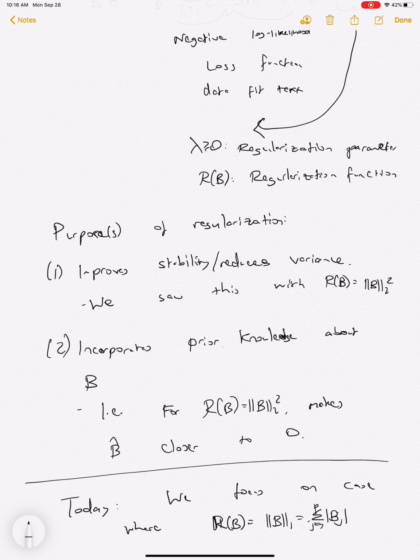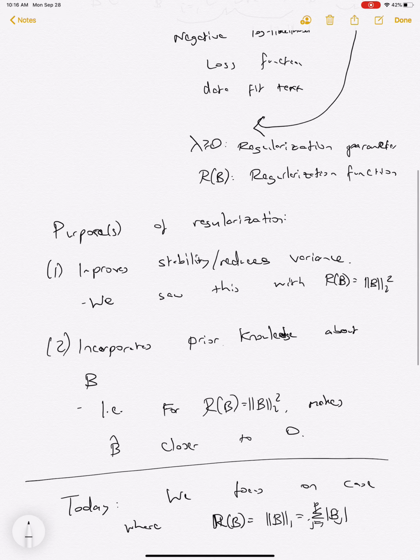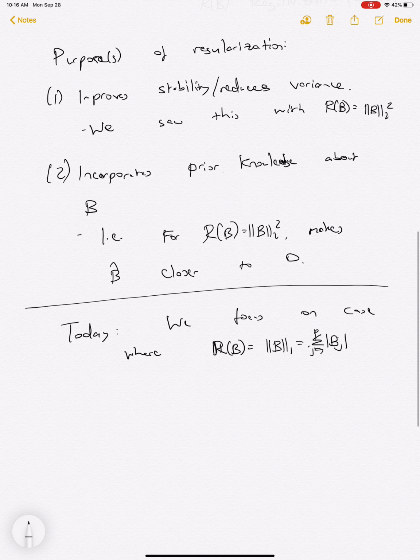We saw that in the mean squared error bounds as well, where the bias was related to the squared L2 norm: a bigger squared L2 norm gave a bigger bias, but your variance got smaller, so you're incorporating this prior knowledge. We're going to see what that looks like for the L1 penalty instead of the squared L2 penalty.